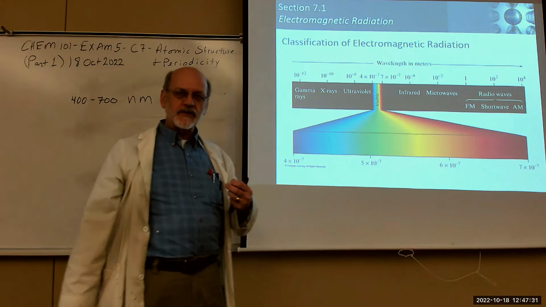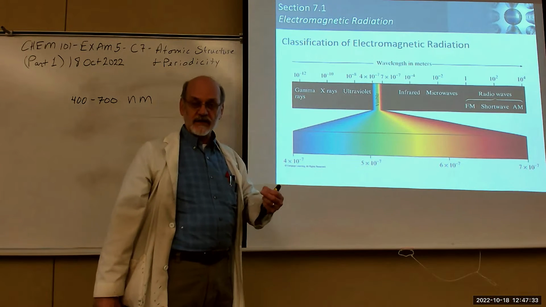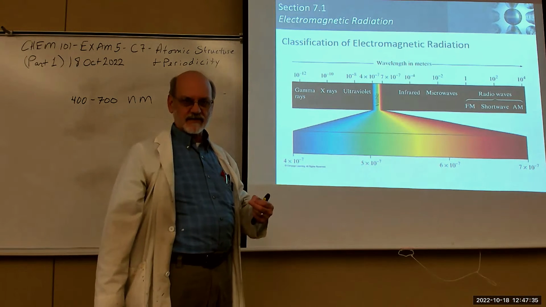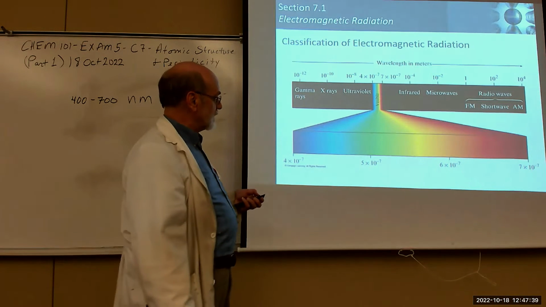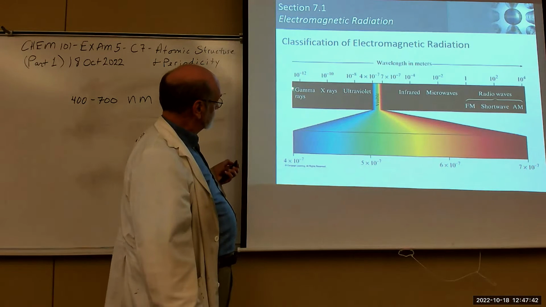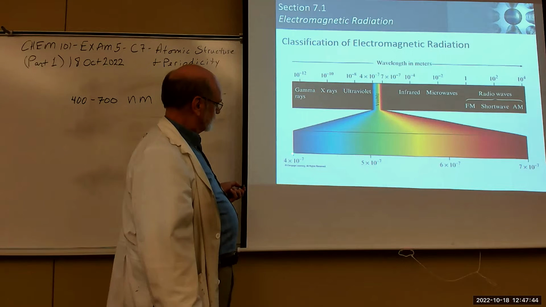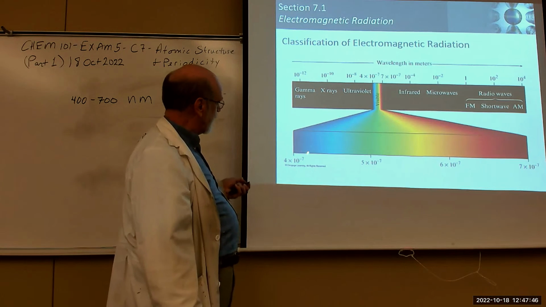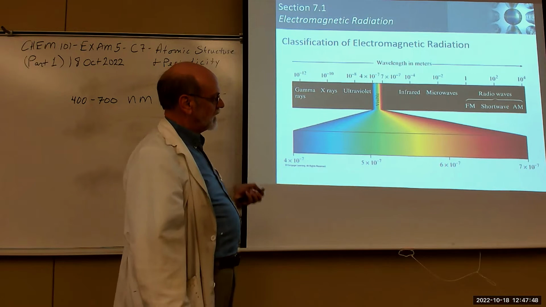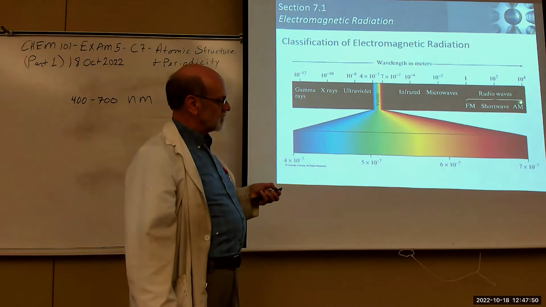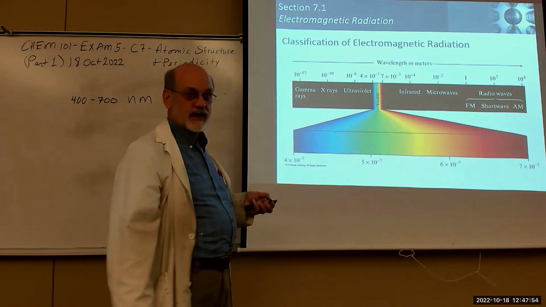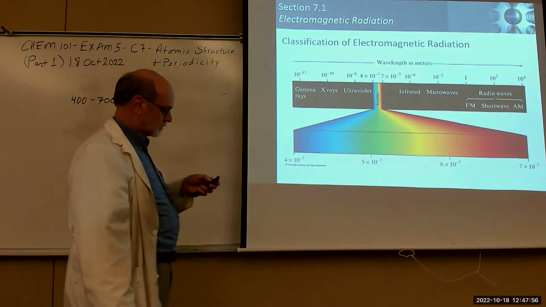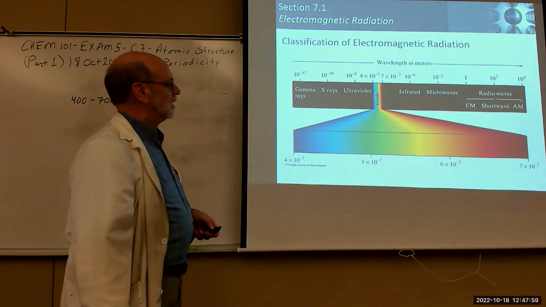The higher the frequency, the more energy is contained in the light that passes this point. So the higher energy end of the spectrum is down here, right? Down here for visible light, down here for the whole spectrum. The lower energy range is up here, or for visible light in the red end. Okay.